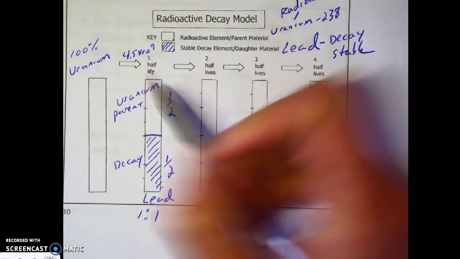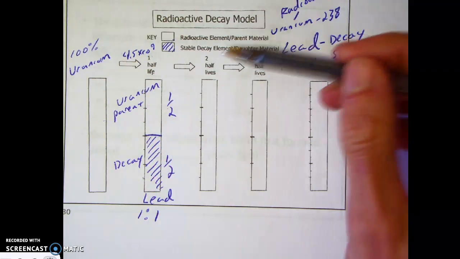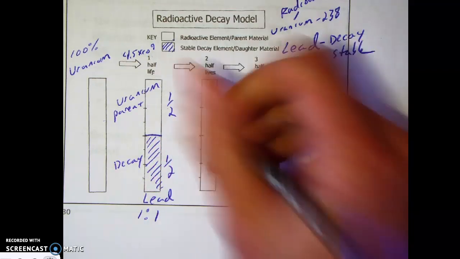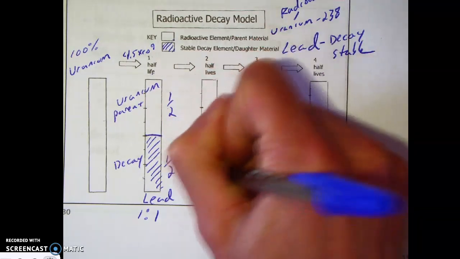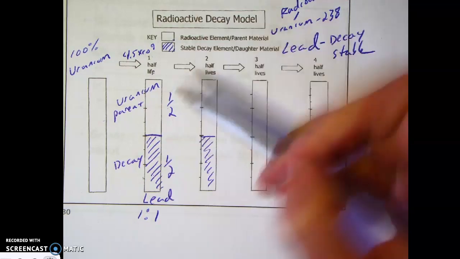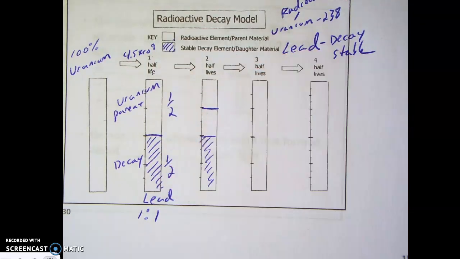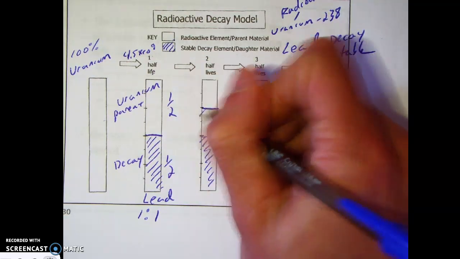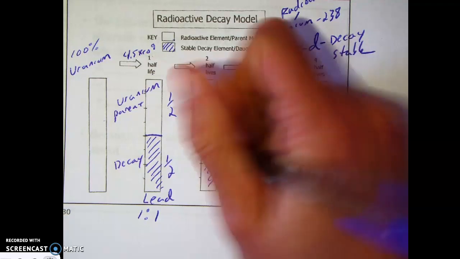Now let's say another 4.5 times 10 to the power of 9 years go by. We've gone through 2 half-lives now. So now we have our decayed material from over here. Now if we take this uranium and split it in half, because another half-life went by, well, now we have even more decay product, and we have more lead.